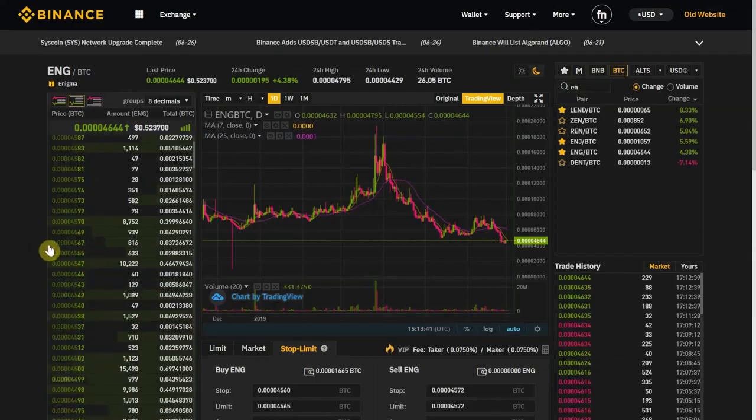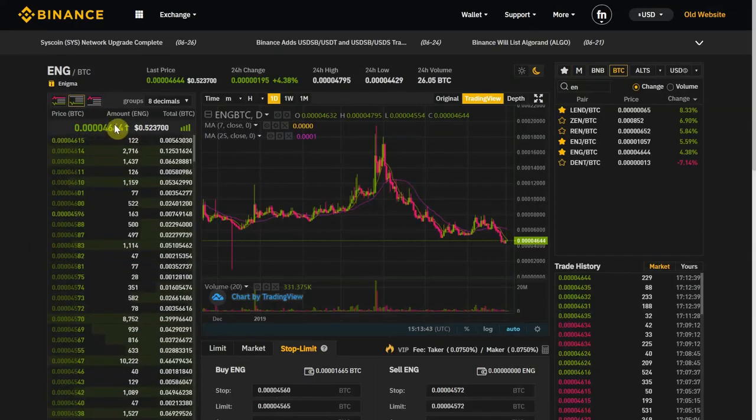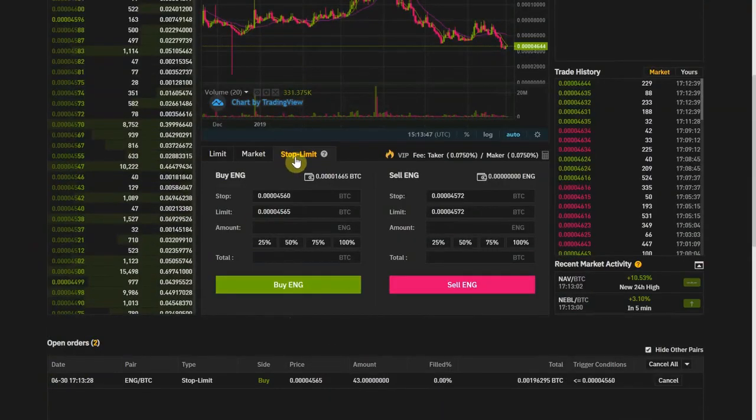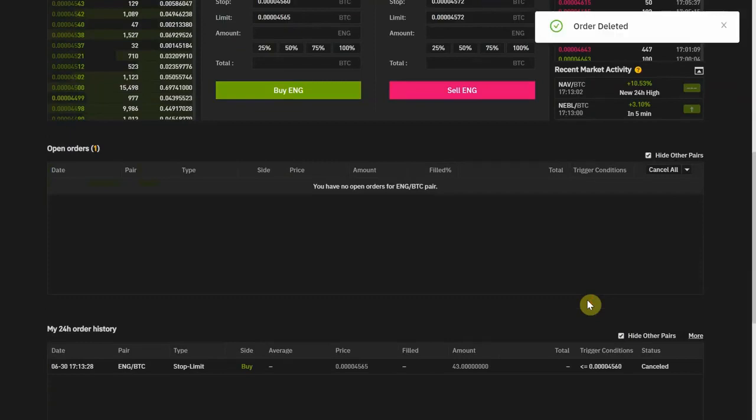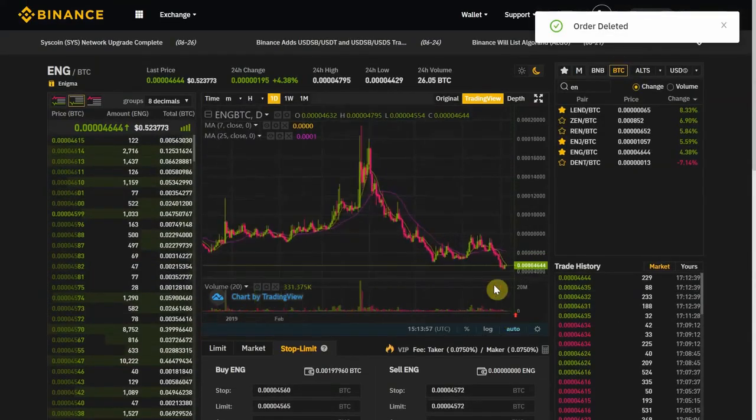There's no indicator telling us we have an order because the price didn't reach that target yet. Okay? This is what the stop limit is. Yeah, I'm gonna cancel this one. I think it's pretty much it.